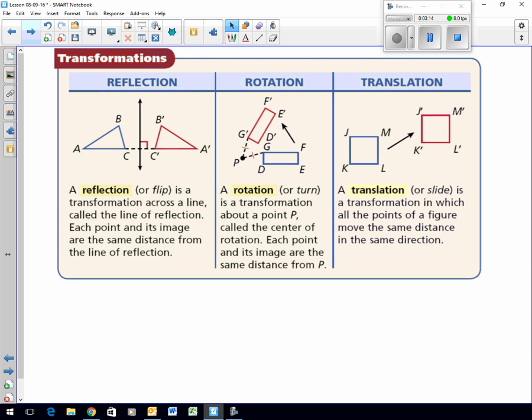If you need to write them down, you can. However, these definitions are a must. Must write these down. A reflection or a flip is a transformation across a line called the line of reflection. Each point and its image are the same distance from the line of reflection. Please make careful note of the word flip.